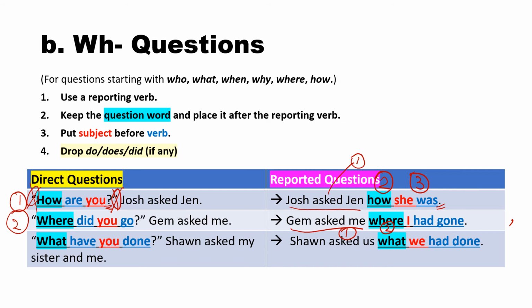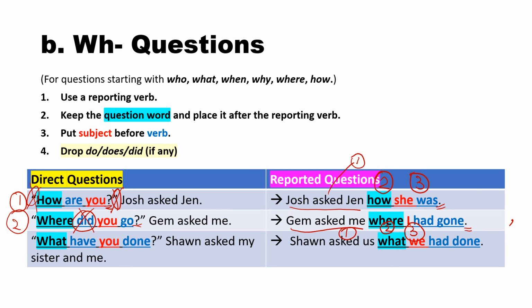The subject is changed from you to I, and the verb did go is changed from simple past tense to the past perfect had gone. We do not need the did in the direct question. Finally, we check that we do not copy the question mark and we have a full stop instead at the end of our reported question.